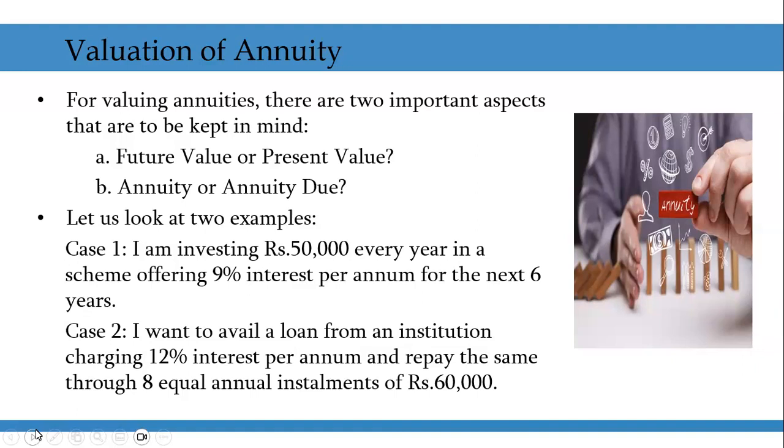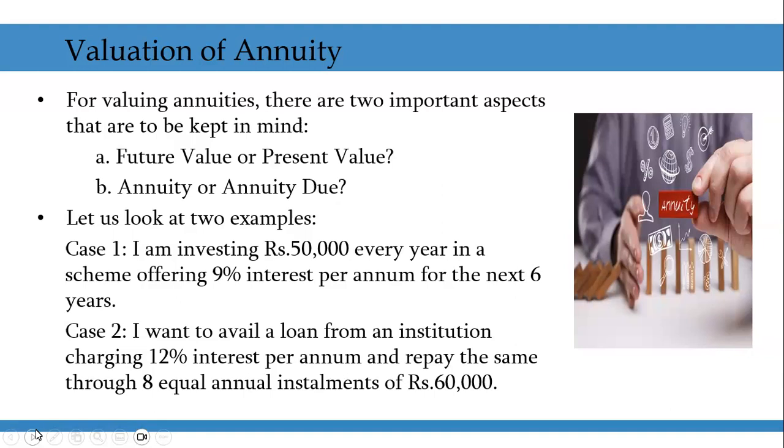So this bulk cash flow is what we call the value of the annuity. If the bulk cash flow happens at the end of the annuity, that means it happens in a future period, we use the future value factor. And if the bulk cash flow happens today, that is the beginning of the annuity, we use present value of annuity.